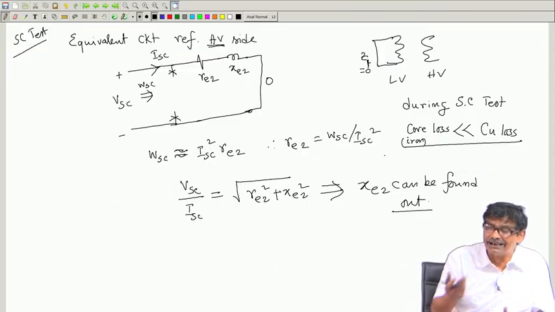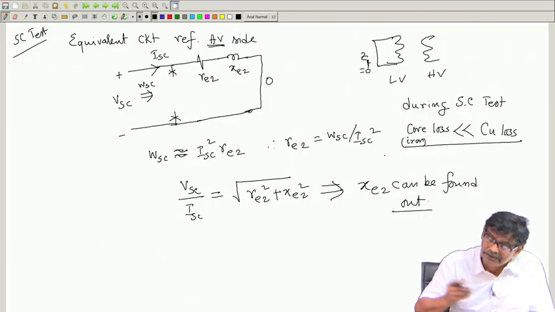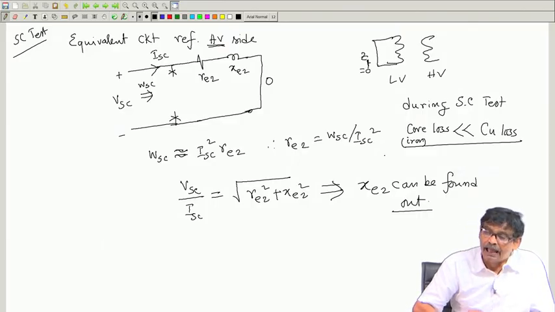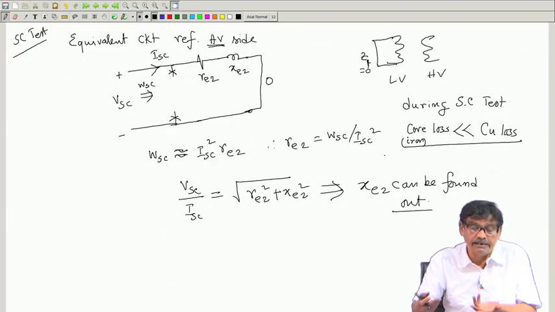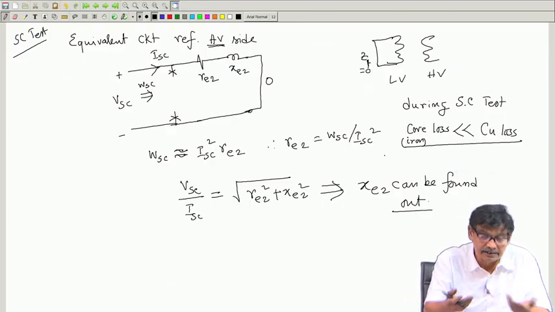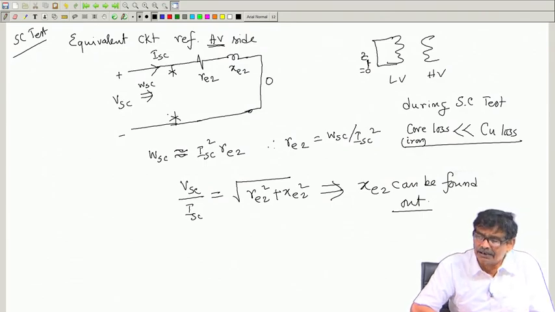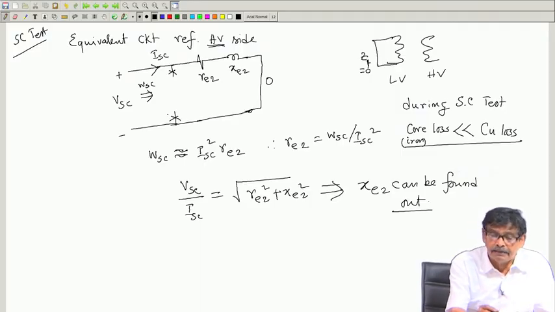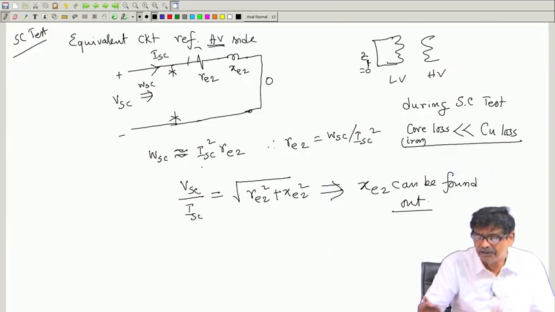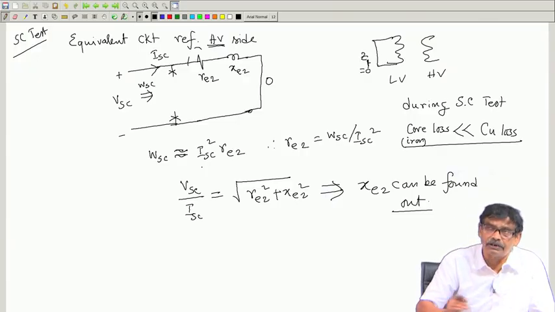So that can be neglected, and we say the wattmeter reads the copper loss only. In the equivalent circuit, it means you can neglect this branch. Both the magnetizing current and the core loss component of current can be neglected. Whatever power is drawn, the wattmeter reads real power only; real power loss will take place here in RE2, ISC square RE2, and VSC by ISC gives ZE2. These two can be found out.